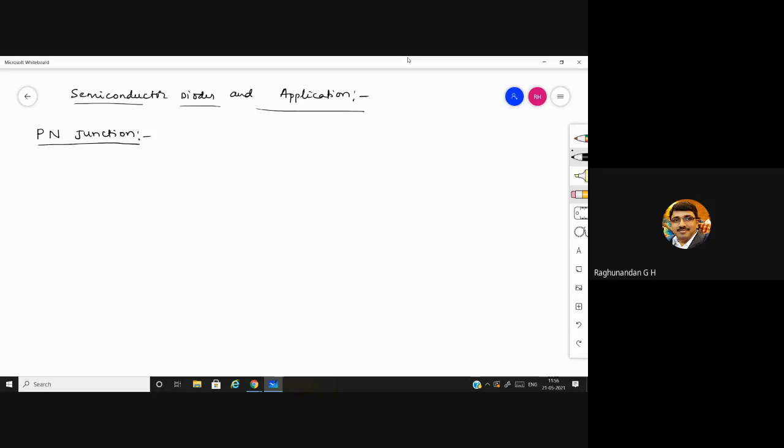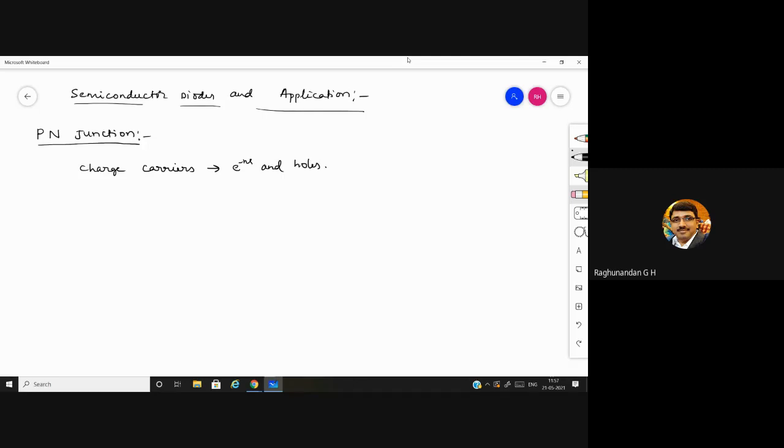Before going on to the PN junction, we should know some basic things. We have charge carriers. Charge carriers are electrons and holes.